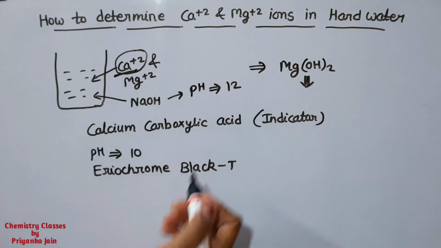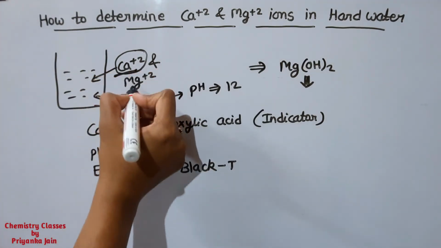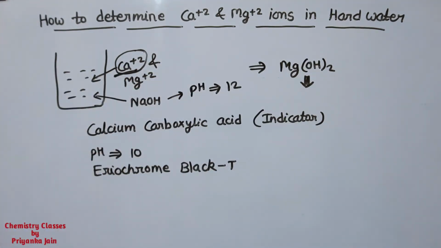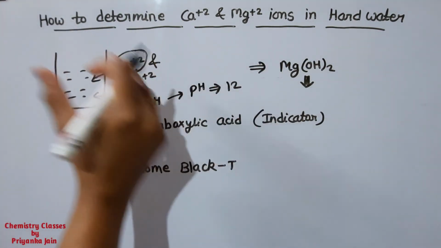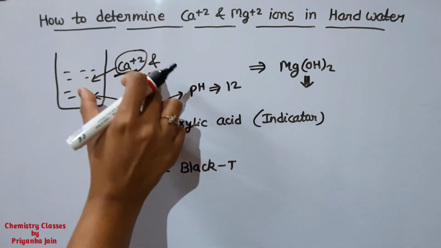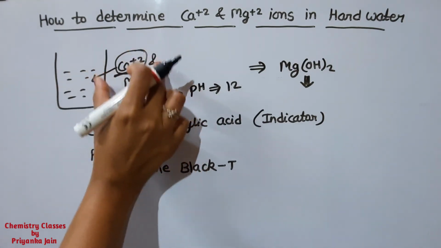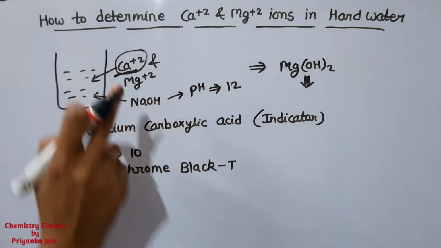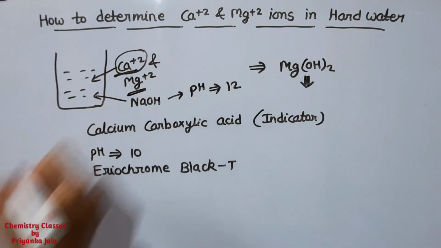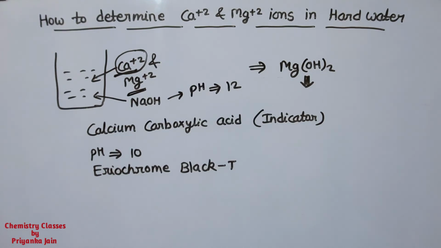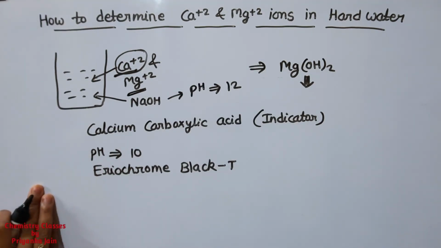Both ions, calcium and magnesium, will now react with EDTA and form the complex, so we can analyze both ions simultaneously. Now we know the concentration of both ions and the concentration of Ca2+ alone, so by the difference we can get the concentration of magnesium ions. In this way we have to do this titration.